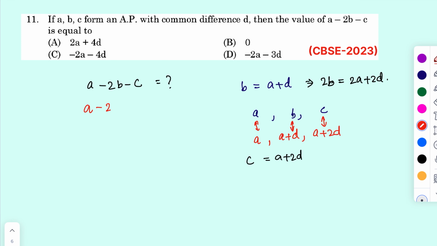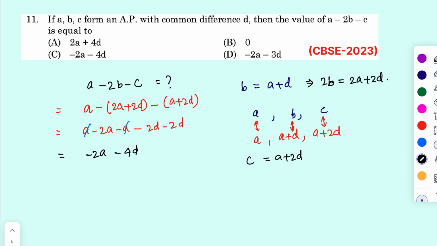This implies a minus 2b minus c, in place of 2b we write 2a plus 2d, minus, in place of c we write a plus 2d. So this will be equal to a minus 2a minus a minus 2d minus 2d. Now the plus a and minus a will cancel out. We will get minus 2a, and this will be minus 4d.